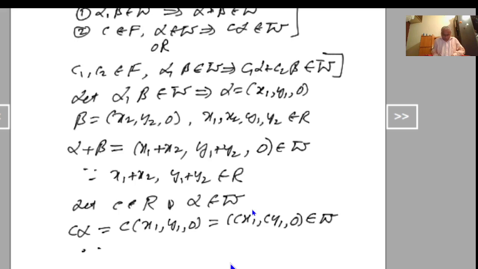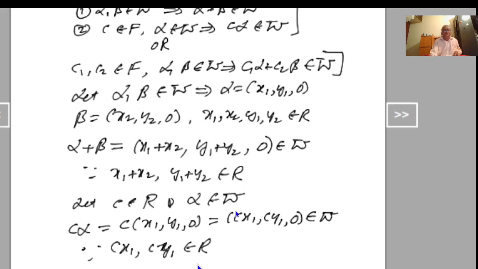Yes, because C belongs to R and x1 belongs to R, therefore Cx1 also belongs to R; C belongs to R, y1 belongs to R, so Cy1 also belongs to R. That is, this is an element of the form, and the last element is 0.